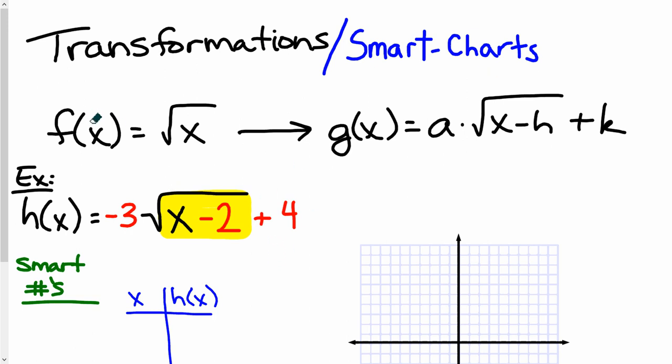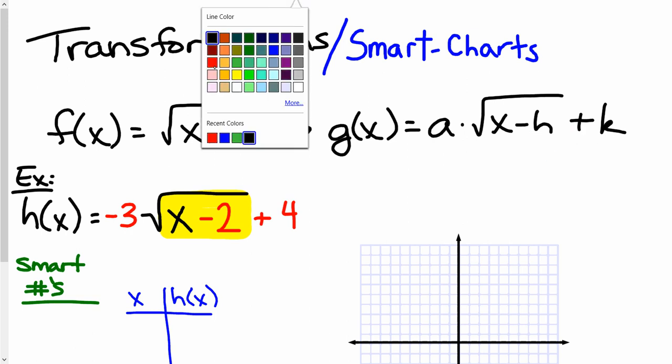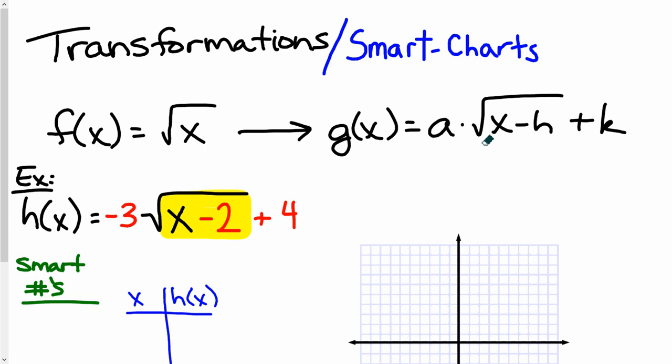So if we look at the parent graph being f of x equals the square root of x, the transformative function for that parent function would be g of x equals a times the square root of x minus h plus k, where each one of those values is going to have some sort of transformation to the parent graph, okay? I kind of want to show you guys what it looks like. It's kind of helpful in knowing really what the graph should look like before you even start graphing it.